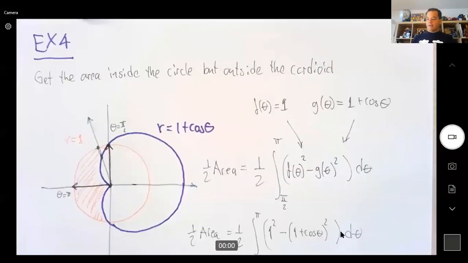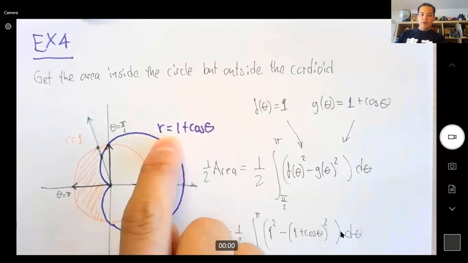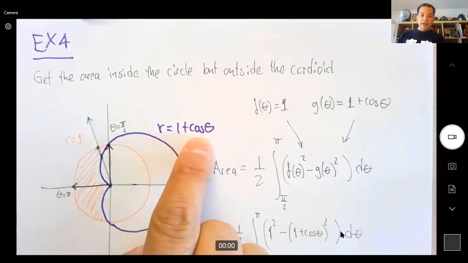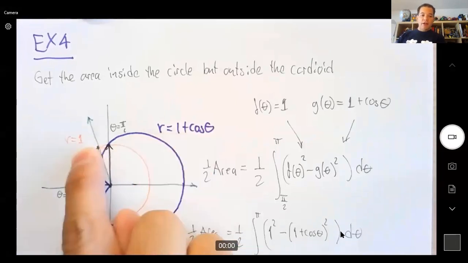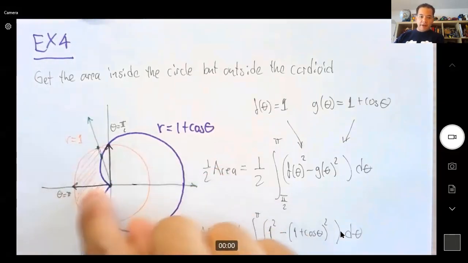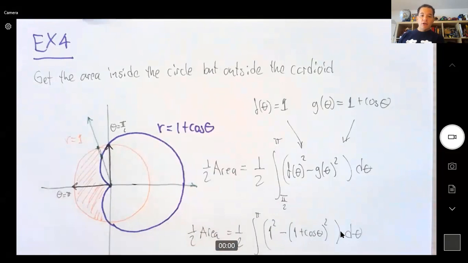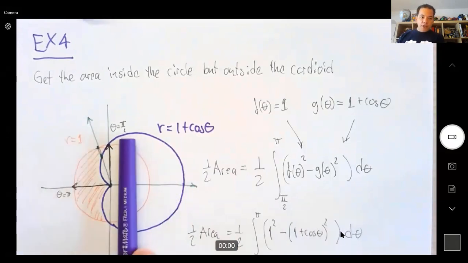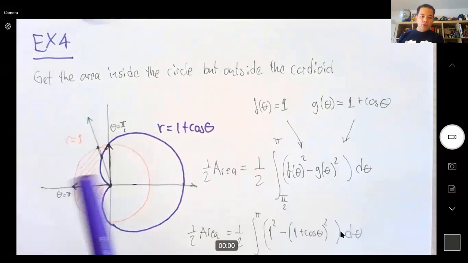We were working on a problem, this one right over here. We have this cardioid, 1 plus cosine theta, and the circle r equals 1. We wanted to get the area that is inside the circle, but outside the cardioid. The way we set it up was doing the area between two functions.